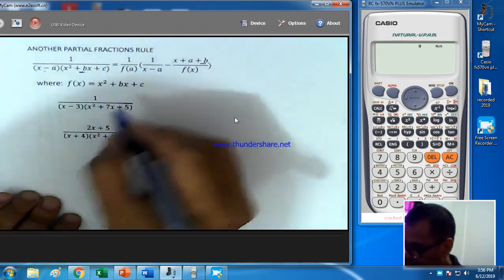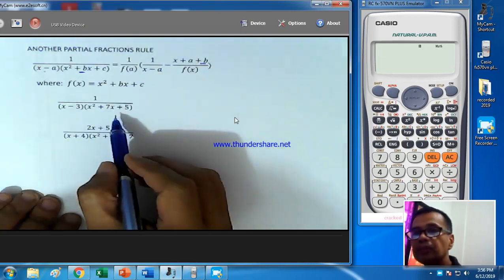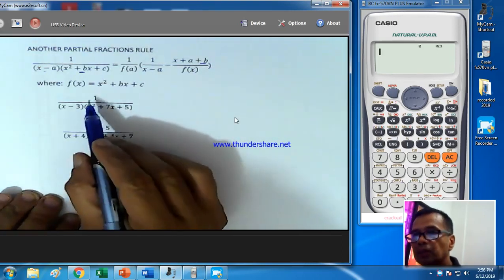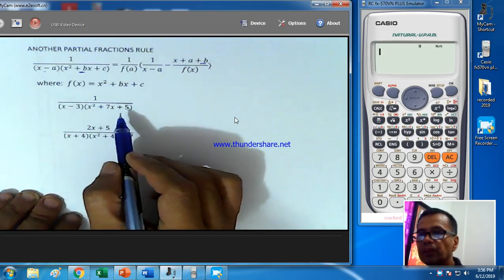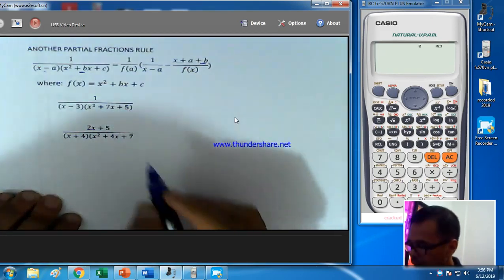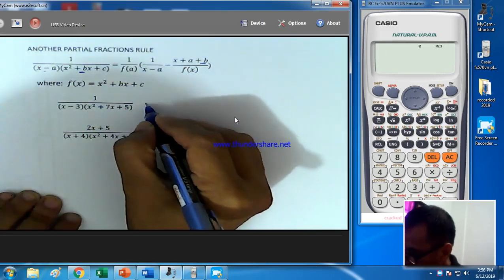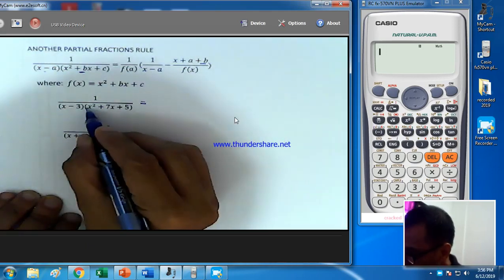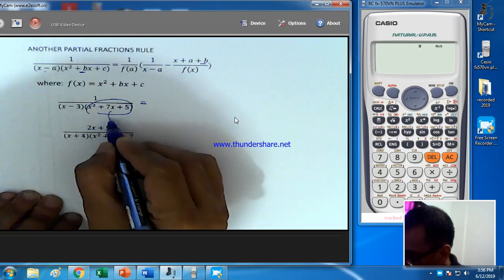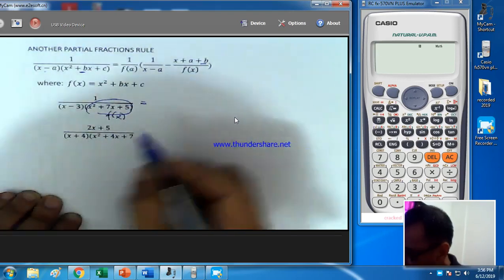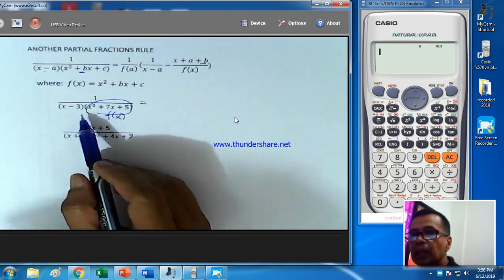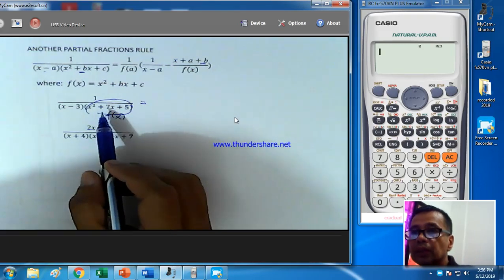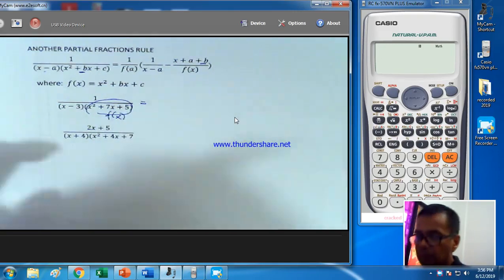Now I'll give you one example. Let's have the partial fractions of 1 over (x minus 3)(x squared plus 7x plus 5). Here, this is our f of x. We will have to compute the value when x is positive 3.